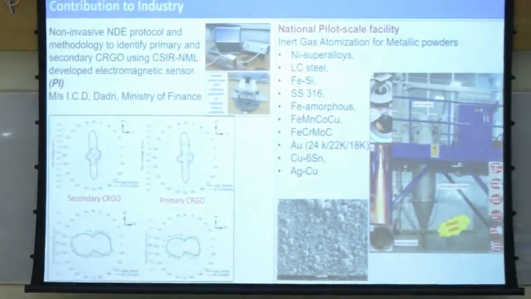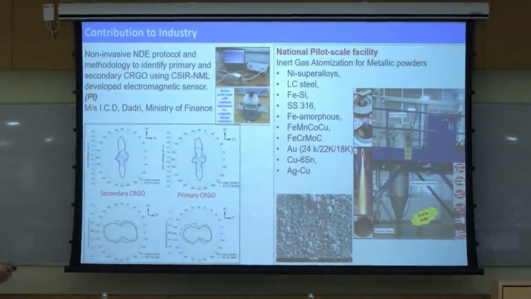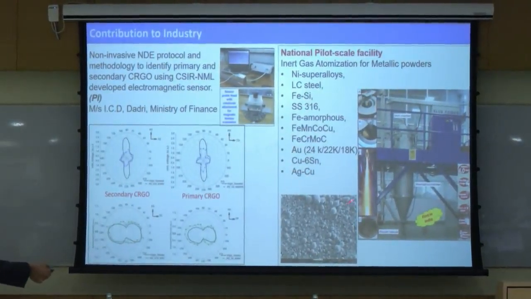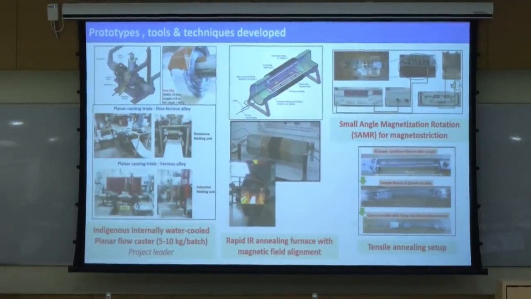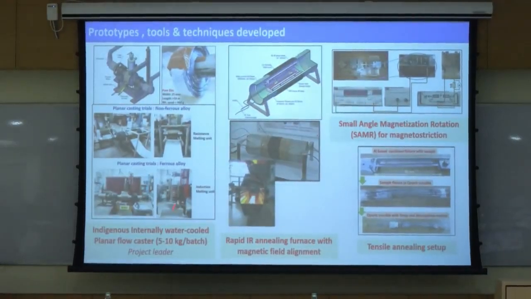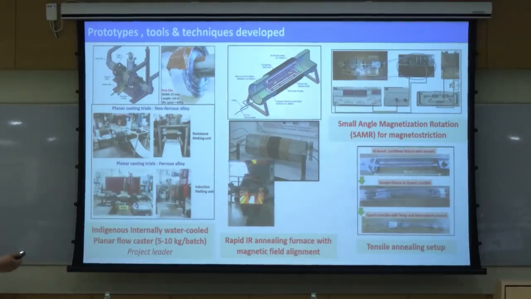So this is some of the work we have done, and right now we produce gas atomized powders both for magnetic as well as non-magnetic, for certain oil and gas applications in our pilot facility. In doing this development, most of the facilities we have developed ourselves, because there are no standard techniques to measure.